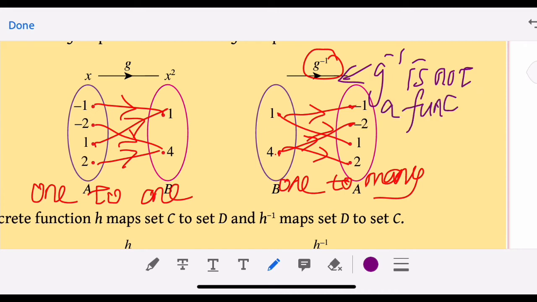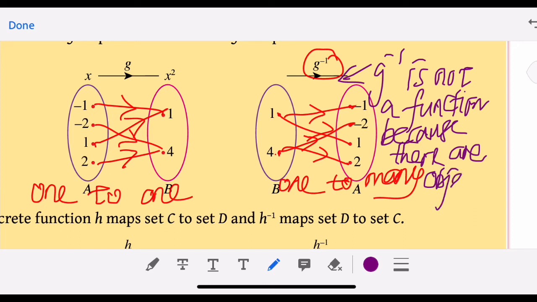You know why? Because there are objects that have two images, more than one image. So the inverse of g is not a function.